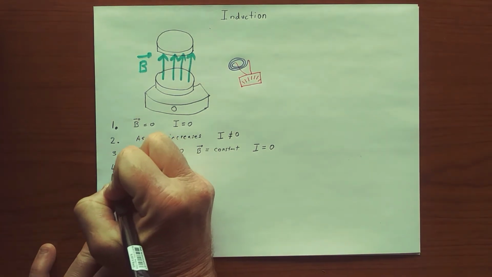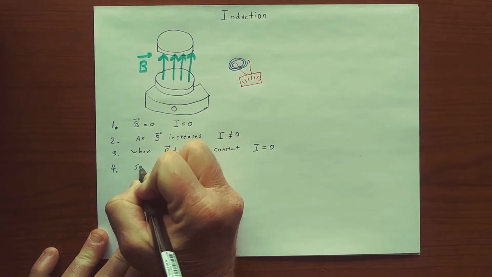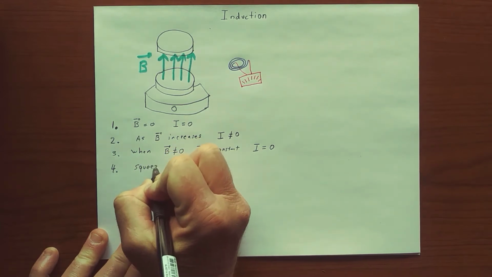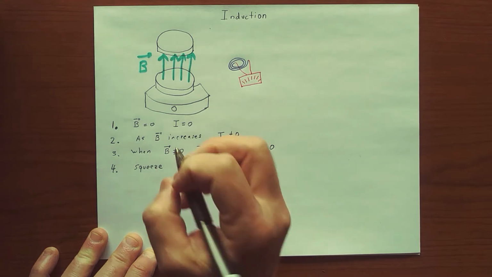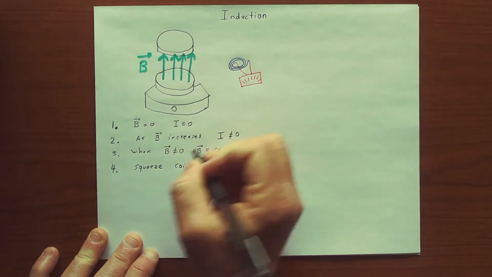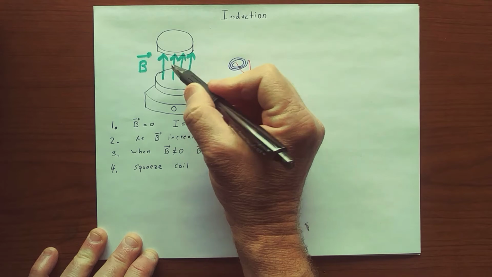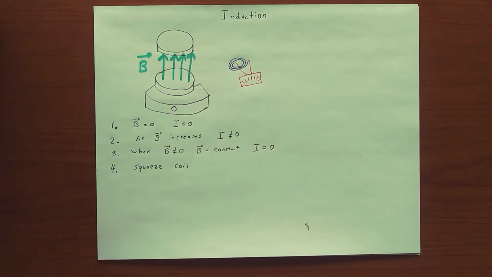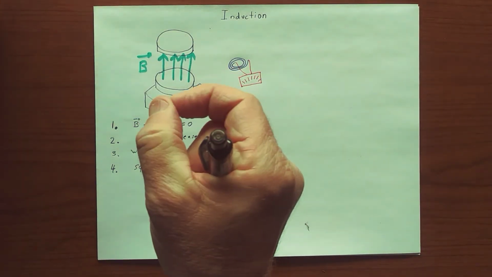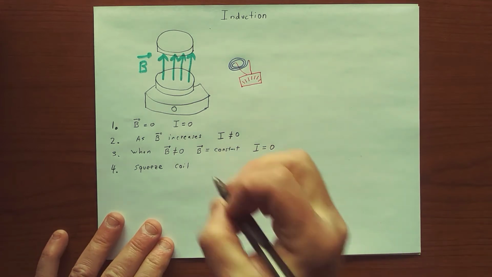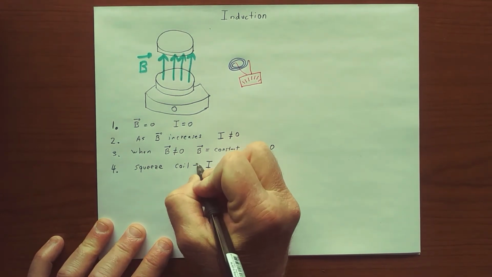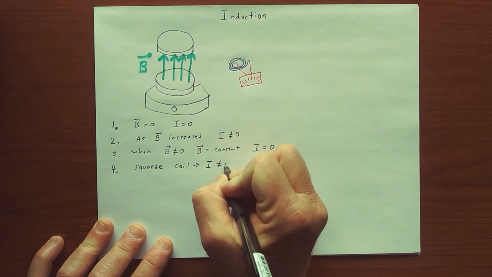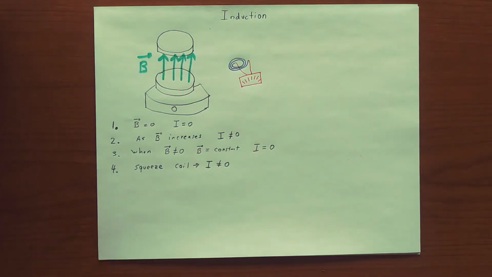So now let's imagine having a magnetic field that's constant, as in number 3, but we squeeze the coil. So the coil is in here, near in the magnetic field region, and we squeeze the coil. We get some current registering through the coil.